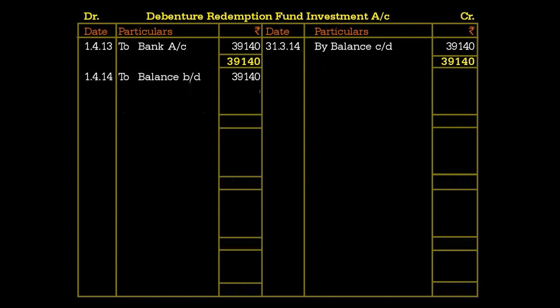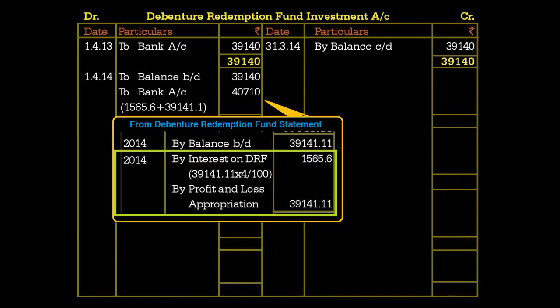After that, the second year's installment and the interest on the amount already invested, both will be invested now, that is to bank account. The interest we collected in the first year, that is 1,565.6, plus 39,141.1, the annual installment.